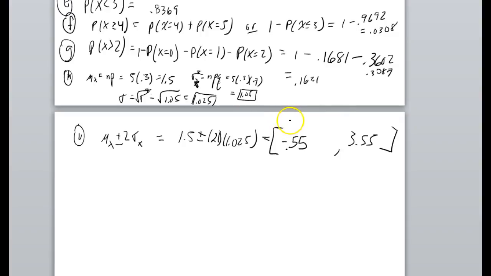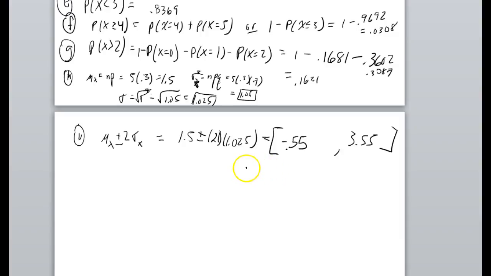And now it wants us to find the probability that x will be in the interval. Okay, so because we have a discrete function, we have to figure out how many x's are in this interval. So we count up the x's that are in the interval, and then we add up their probabilities.